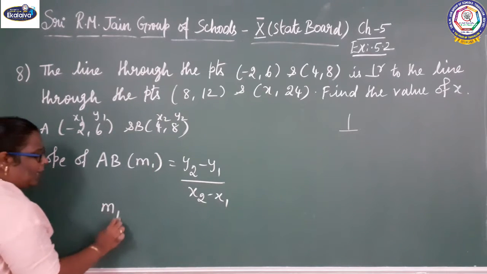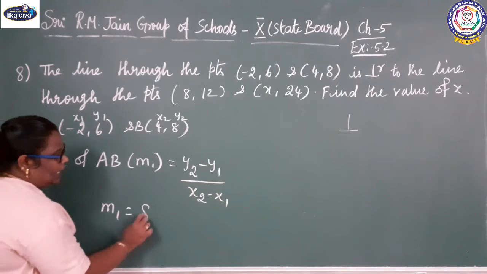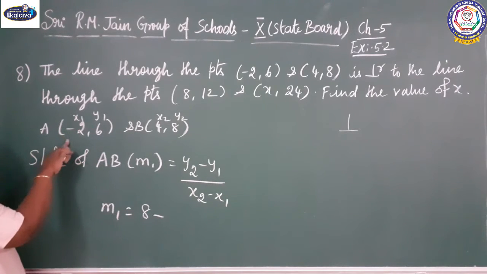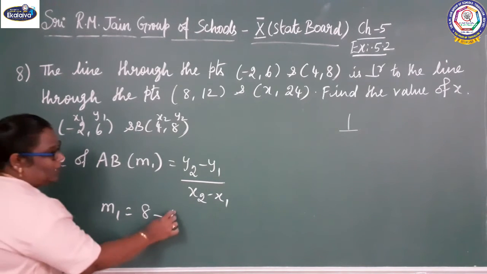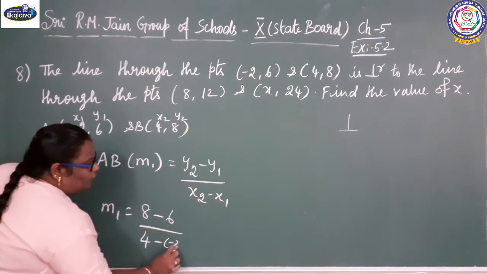So M1 equals Y2, which is 8, minus Y1, which is 6, by X2, which is 4, minus of -2.